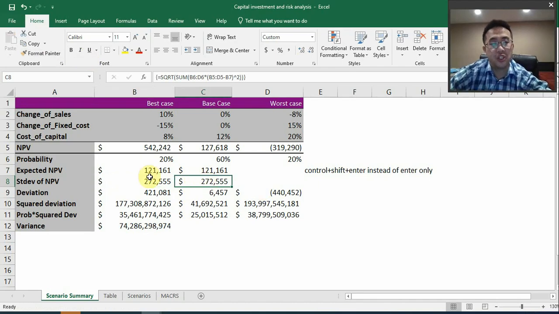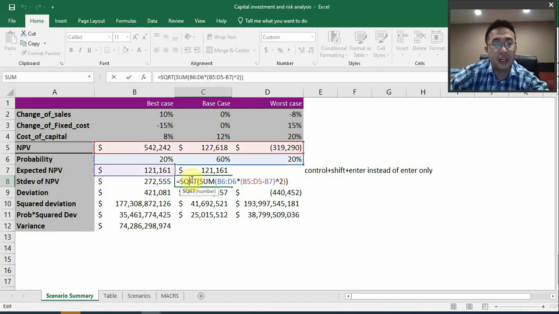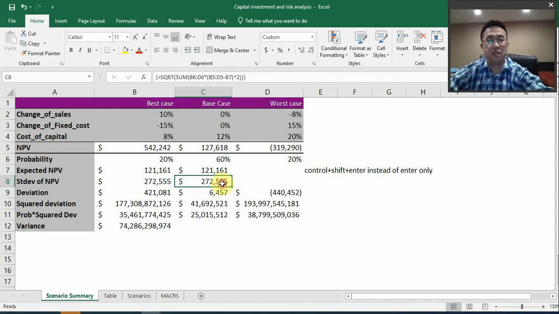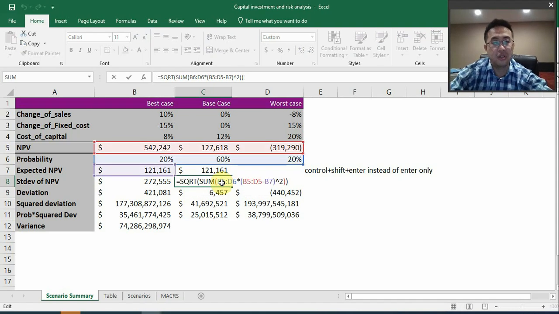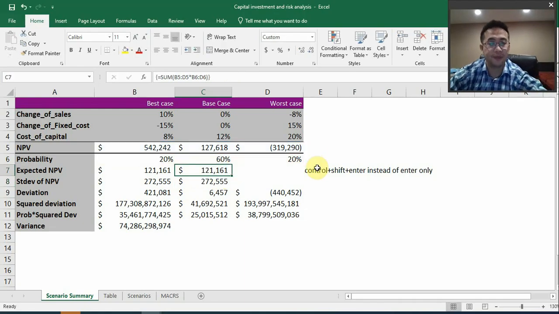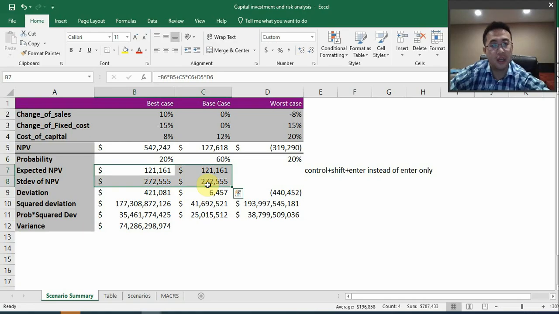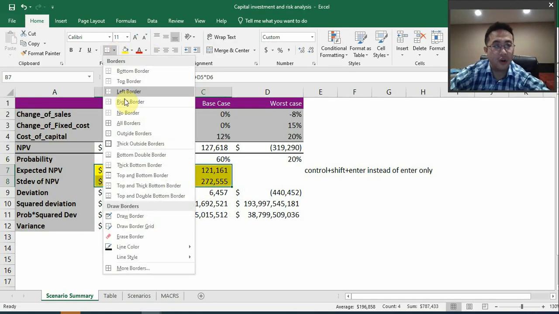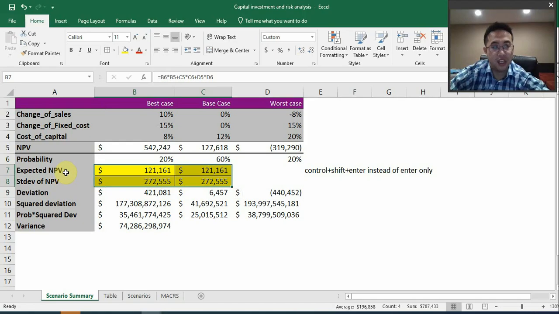Okay, so you will see that with one Excel formula in one cell, I can still get the standard deviation, but that's going to require me to use a Control Shift Enter, just like the expected NPV up there. Okay, so in your calculation, you're gonna find out all of these 4 numbers. So it's an expected NPV and a standard deviation of NPV, both methods. Okay, so 2 methods for each.